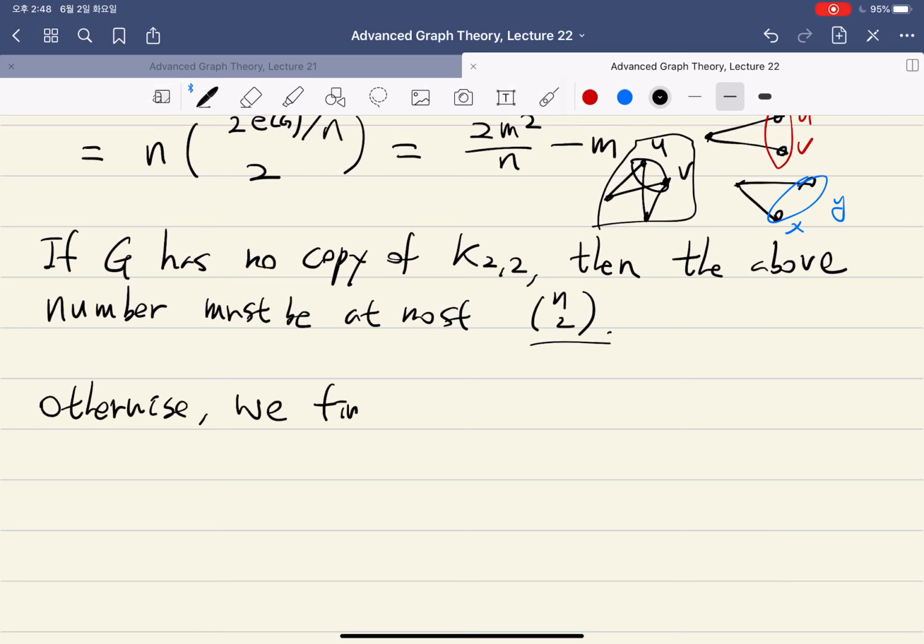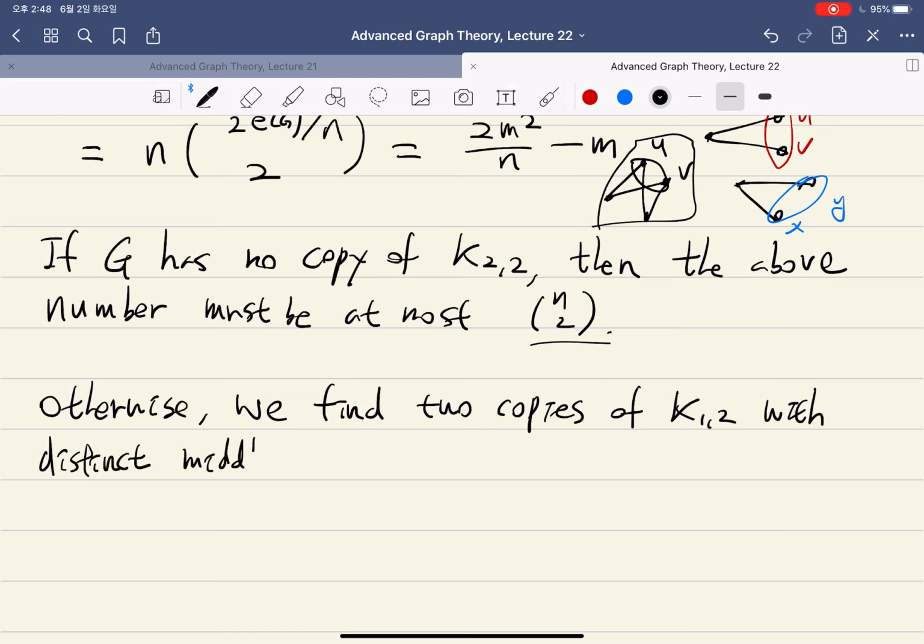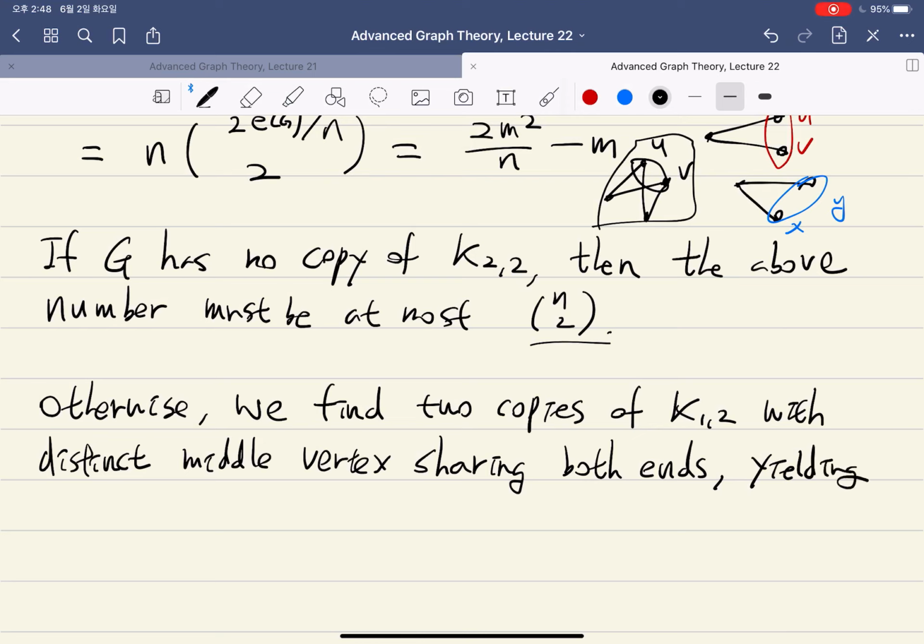we can find two copies of K_{1,2} with distinct middle vertices sharing both ends, which produces a copy of K_{2,2}.